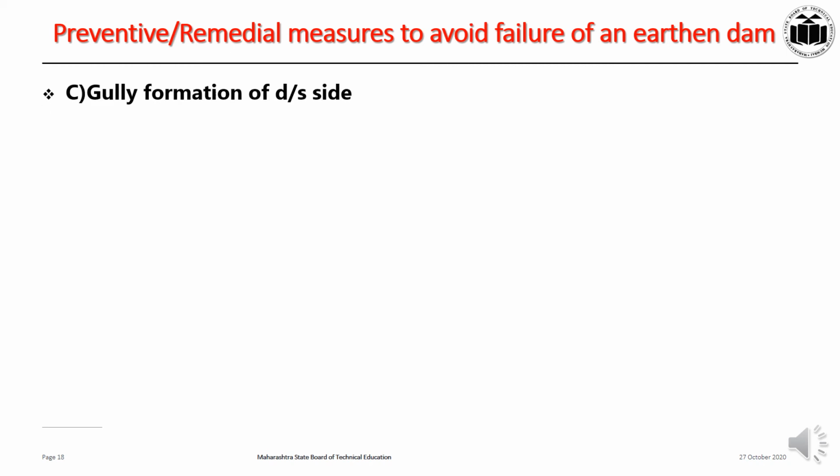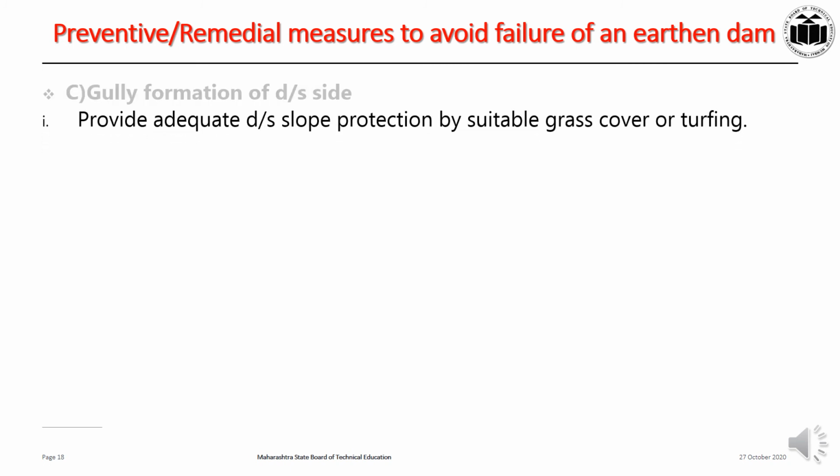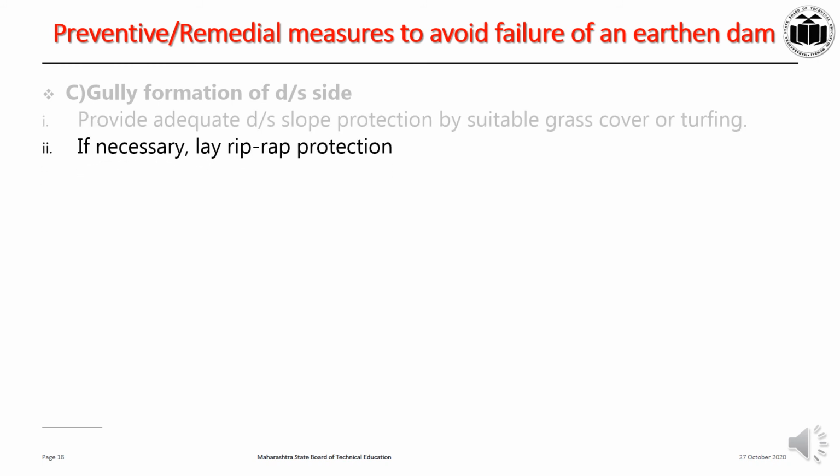Then gully formation on the downstream side. Provide adequate downstream slope protection by suitable grass cover or turfing. We learned about turfing in the previous lecture. If you provide a suitable grass cover or turfing, then gully formation on the downstream slope may be avoided. Then, if necessary, lay riprap protection.